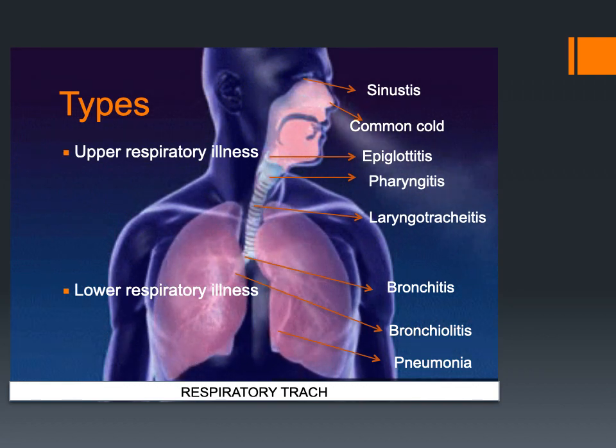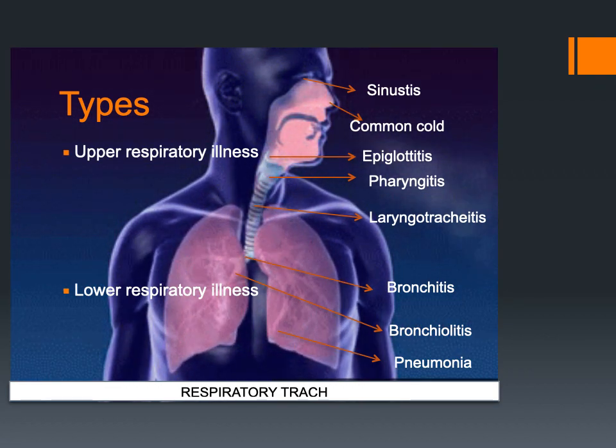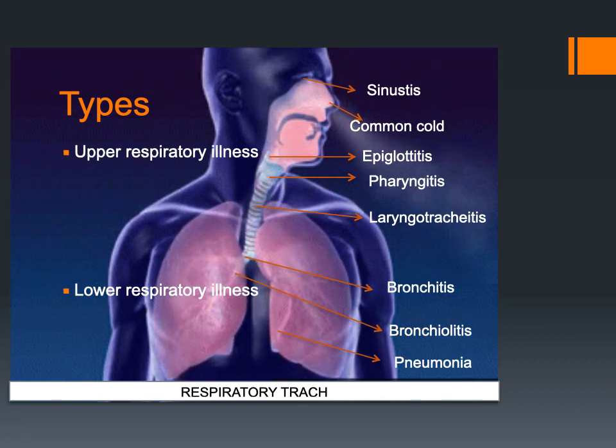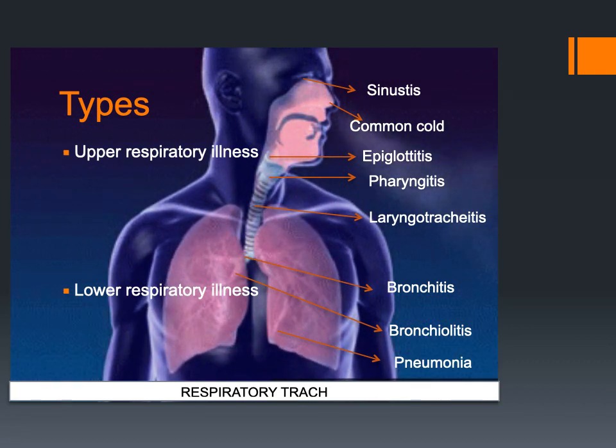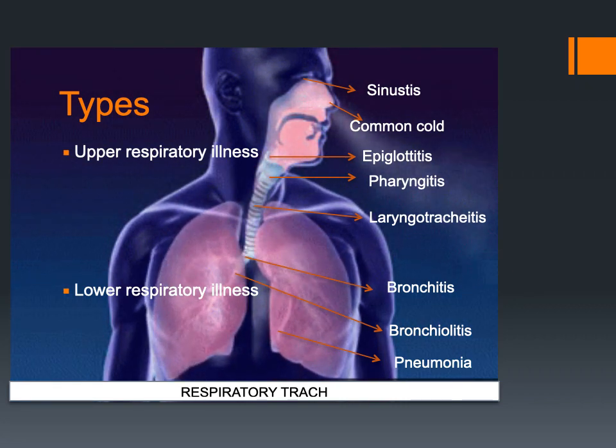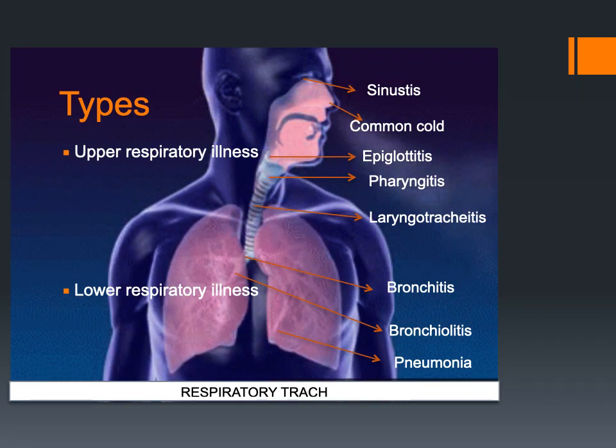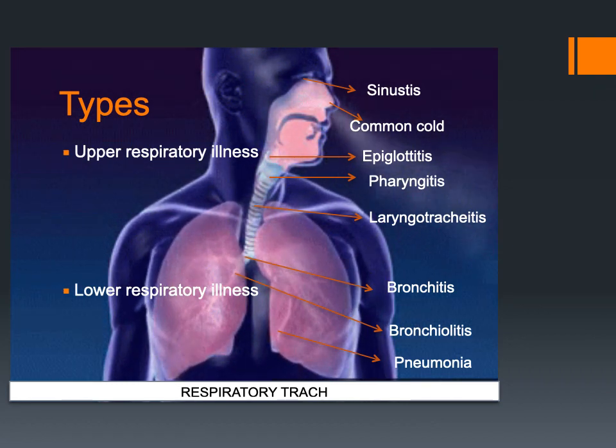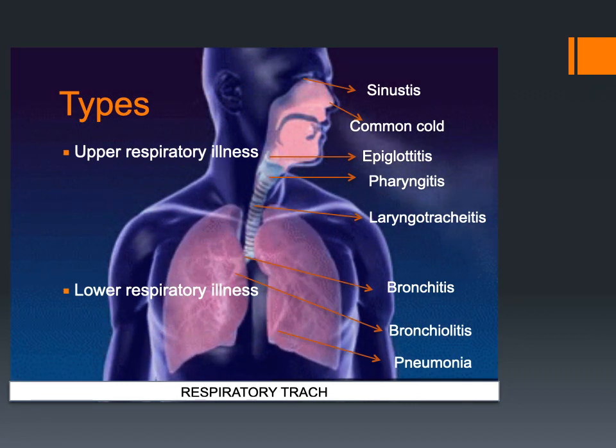That is a stage where you need to be taken care of properly, with proper hospitalization, and maybe you need to be on a ventilator for oxygen support. All those things are required at that stage. Only if the patient's condition crosses from upper to lower is the death ratio much higher.